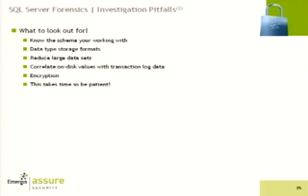Reduce large data sets. No one likes looking at hexadecimal, so the less time you spend in there, the better. And again, correlate on-disk values with transaction log data. Don't just look at transaction log data, because you can get burned and provide inaccurate results based on information that was in the on-disk value.